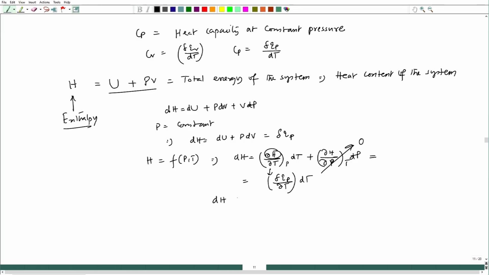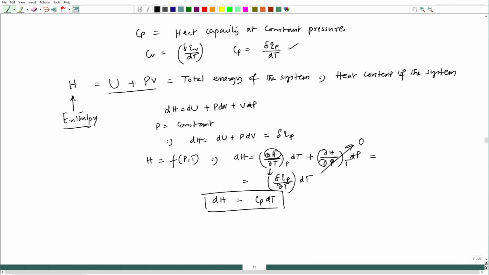So, dH equal to, as we have defined already, Cp dT. Another equation we got. So, here we see that H, the enthalpy of the system, is related to this: del H equal to Cp dT. In fact, if enthalpy goes down, the temperature should go down. That way we can relate, just like del U equal to Cv dT.